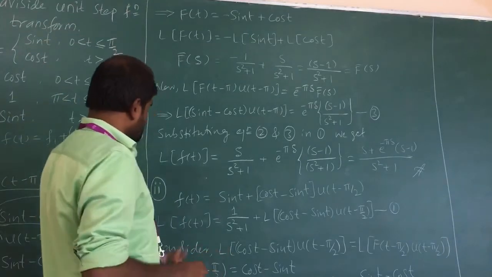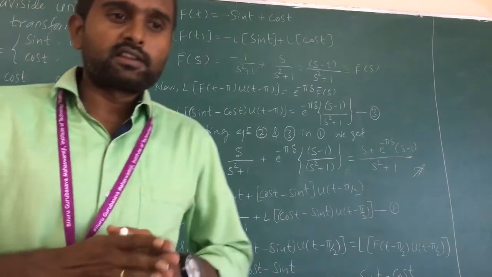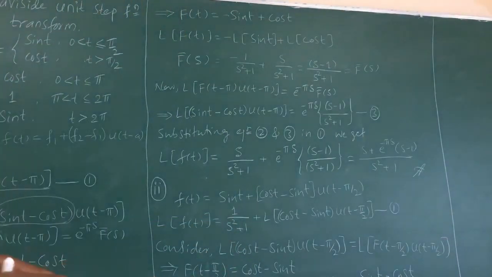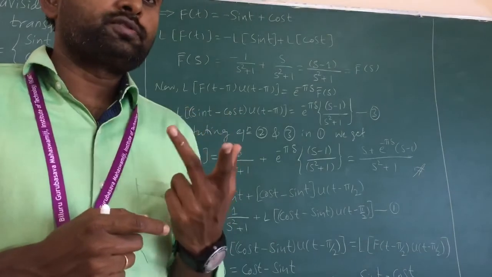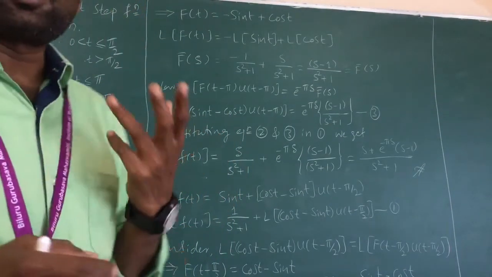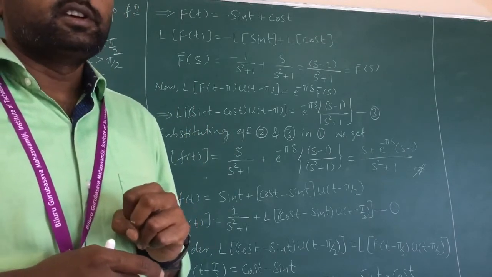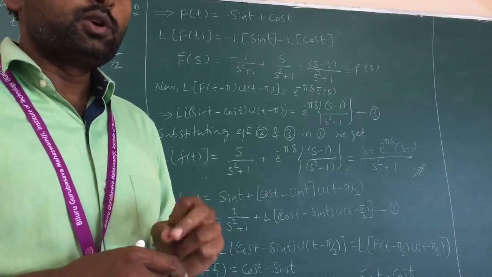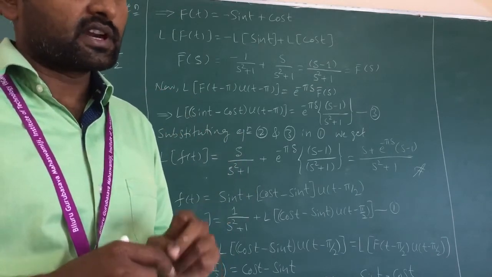Similarly, this is the second example. Earlier, in the first example, f of t had two sub functions, cos t and sin t, in the interval 0 to pi, and then for t greater than pi, the second function.